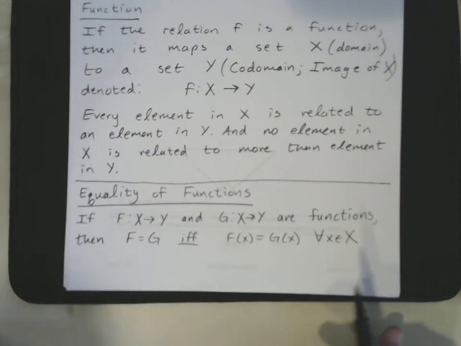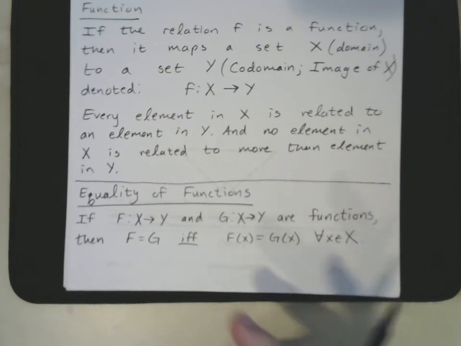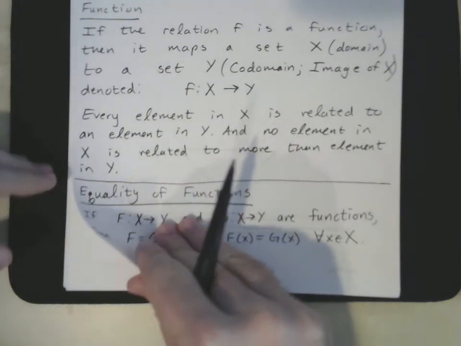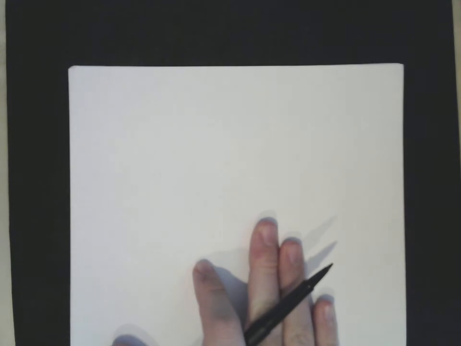And again, this is what we're used to. Two functions are equal if they equal the same thing for every value. This is just the set theory perspective. So I want to give you a couple problems to try out equality-wise in this new notation.